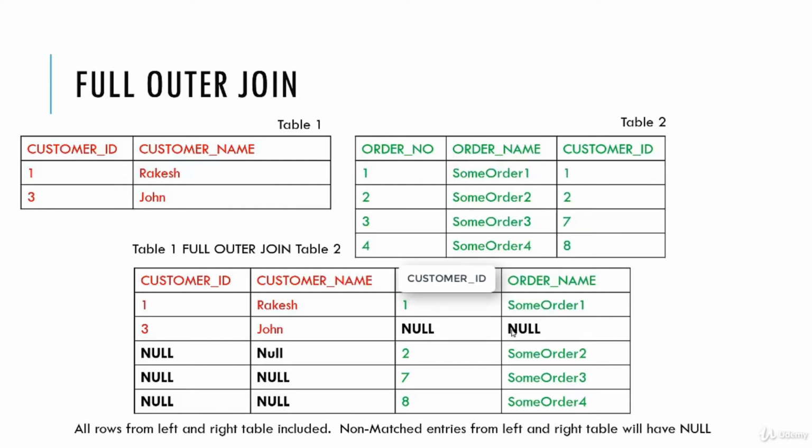Non-matched entries from left and right table will have null. If we were to look at this a little bit visually, this is how it will look like. You'll have everything from table 1 plus common rows plus everything from table 2. Again, we will look at some examples which will make it more and more clear. But the bottom line is it's just a combination of left outer join and right outer join.